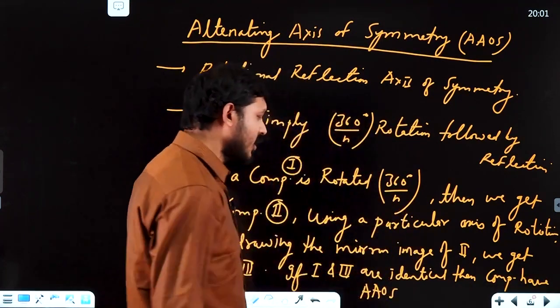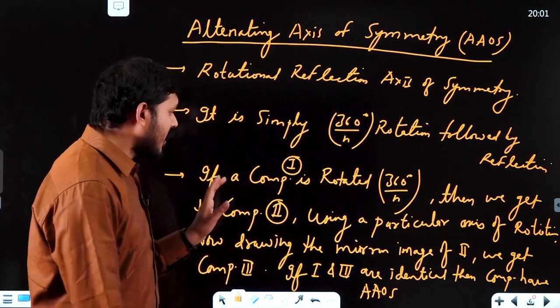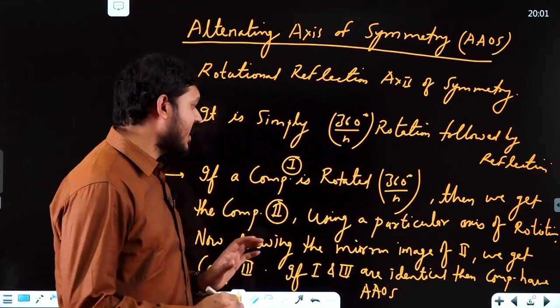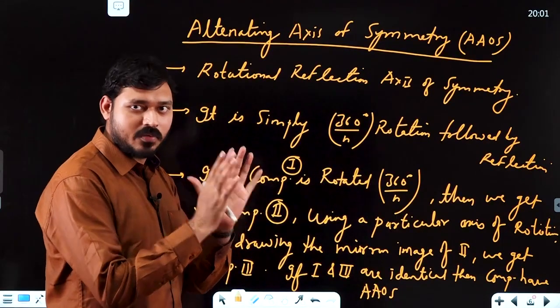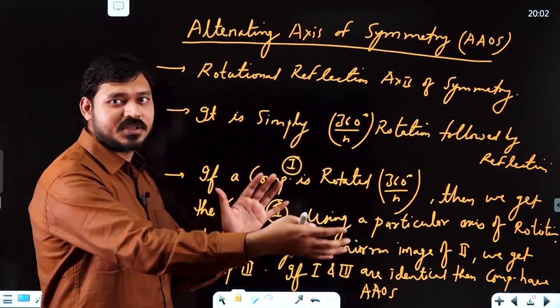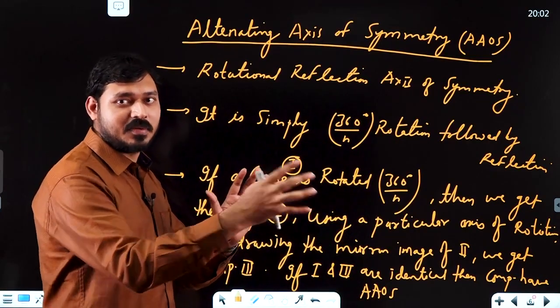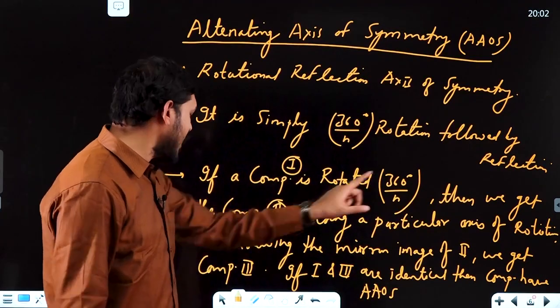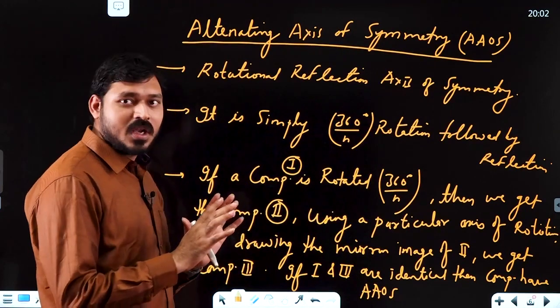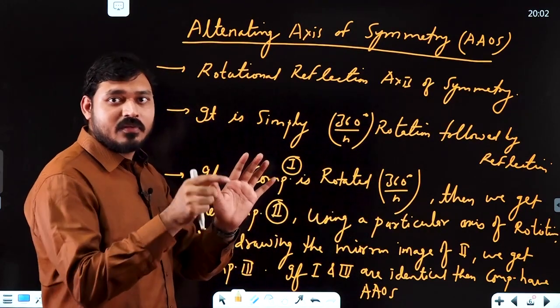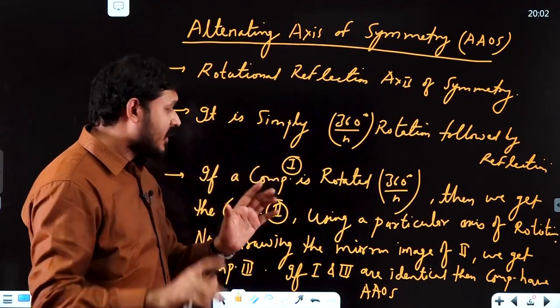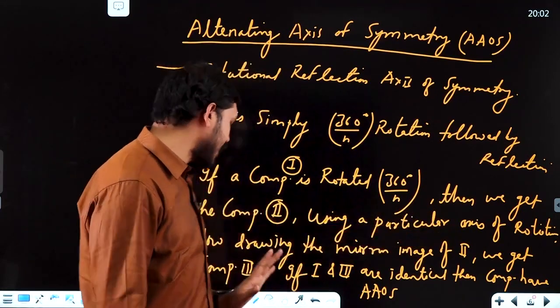AAOS. So guys, understand, suppose we have compound 1, we rotate it by 360 degree by n, just like axis of symmetry, and we get compound 2. By rotating we have chosen a particular axis of rotation.